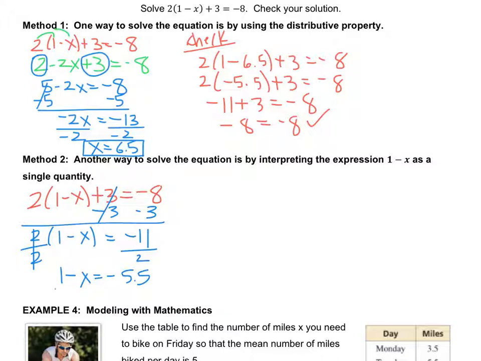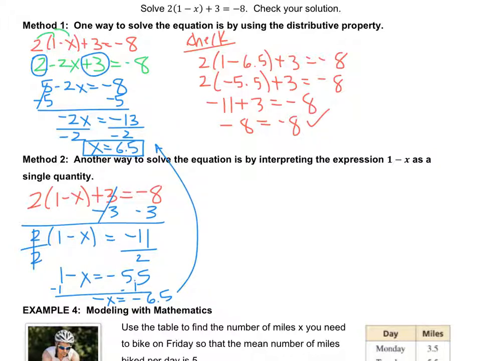So you'd subtract 1, and then you would divide by negative 1, and you'd end up with the same answer. You just do it a different way. So whichever way you like, I will let you use, but just be careful if you're going to use method 2, you have to remember what everything represents.